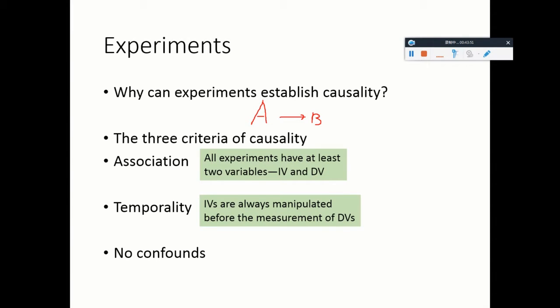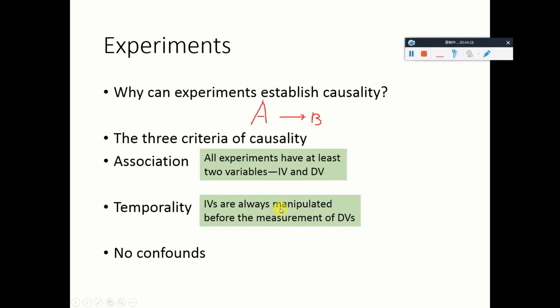Temporality. Experiments are capable of establishing temporality because independent variables, the variables that represent the presumed cause, are always manipulated before we measure the dependent variables, the variables that represent the intended effects.